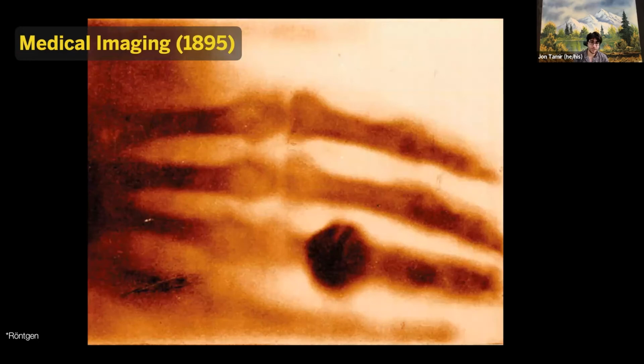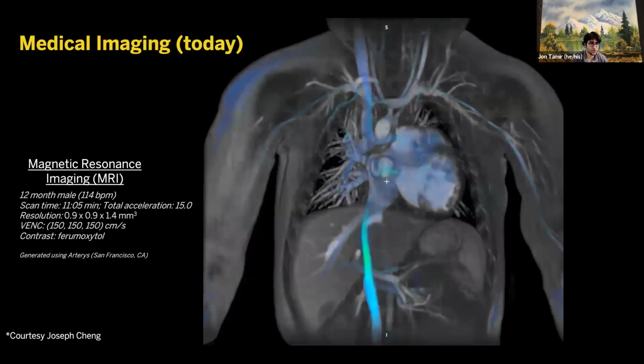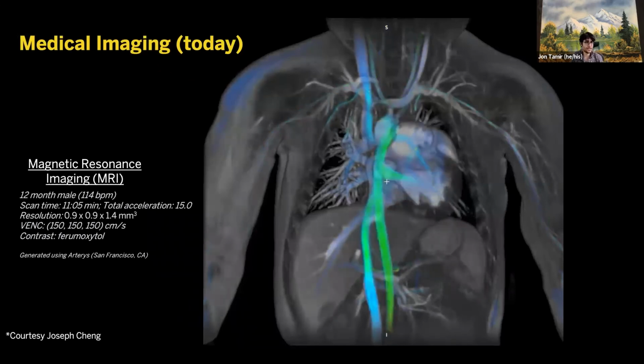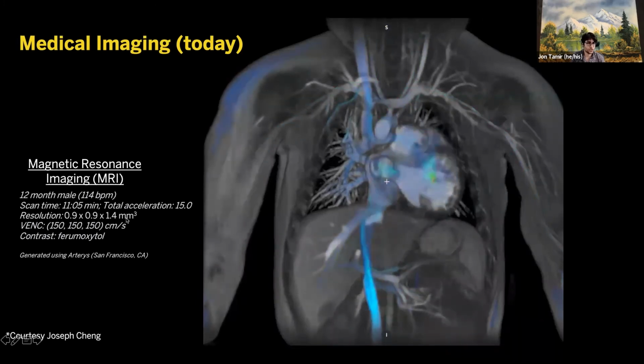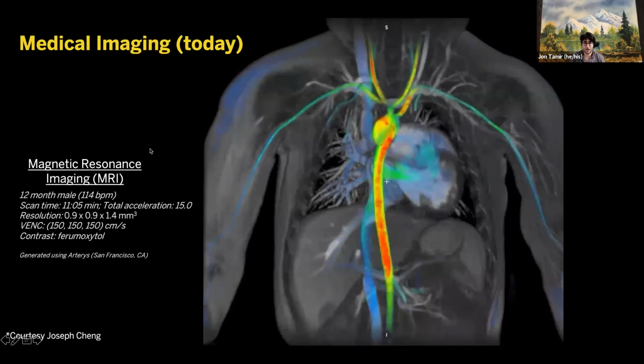Okay, but things have progressed quite a bit since then, and this is what medical imaging can provide for us today. This is an example of a magnetic resonance imaging scan of a 12-month-old baby. This is courtesy of Stanford, Joseph Chang. What we're seeing is this really high resolution, almost 1 millimeter isotropic resolution of a baby's beating heart.